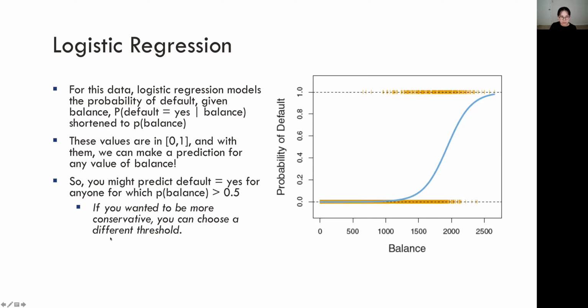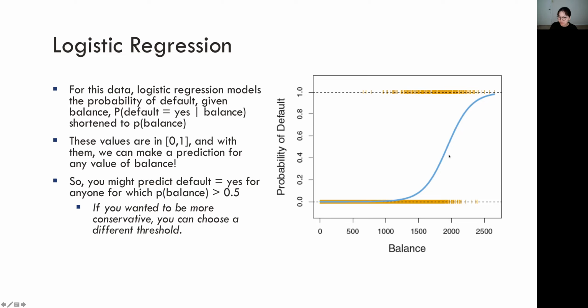And yeah, let's talk a little bit more. So for this data, this logistic regression model gives the probability of default given the balance. So given the balance, the probability of default.